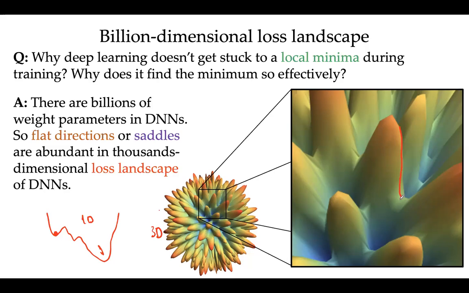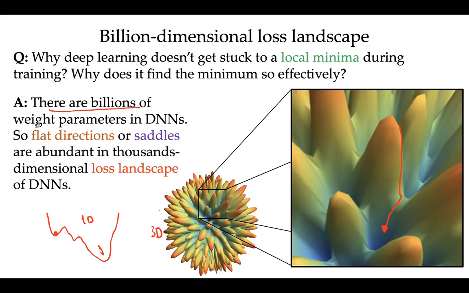So if you use stochastic gradient descent or a similar algorithm, you don't get stuck here, because this is a saddle, so you can go down and find the real minima. That's the nice part of high dimensional loss landscapes. You don't get stuck because they're not really wells, there are either saddles or flat directions.